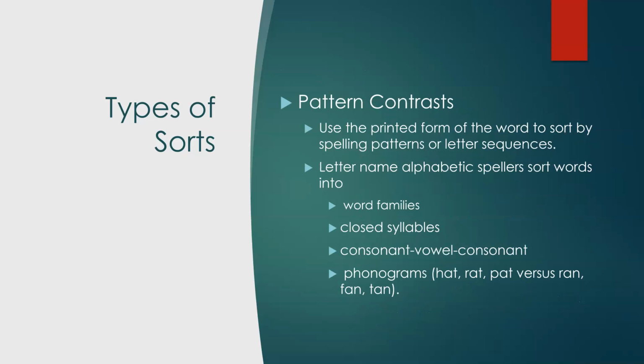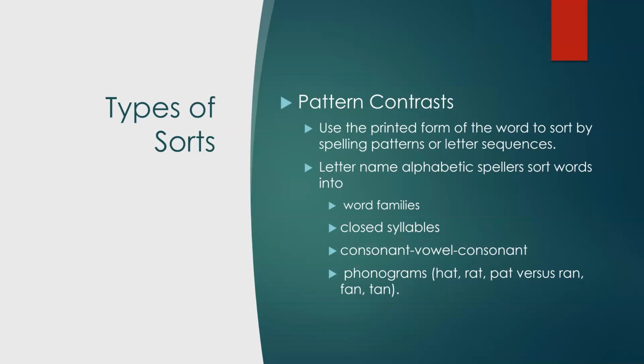When we move into the second type of sort, which is the pattern contrast, this is where we're now using the printed form of the word. The kids are starting to sort by spelling patterns or letter sequencing, such as the ARE in AIR and the EAR in that Mrs. Zimmerman sort.